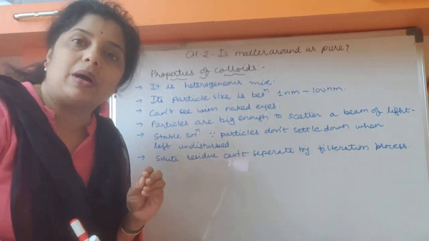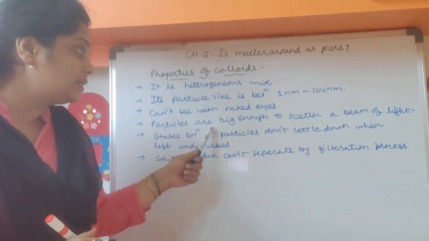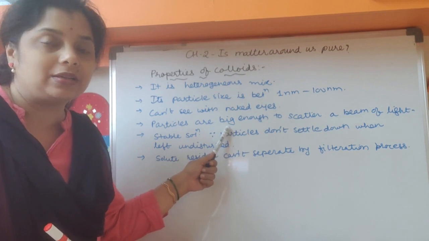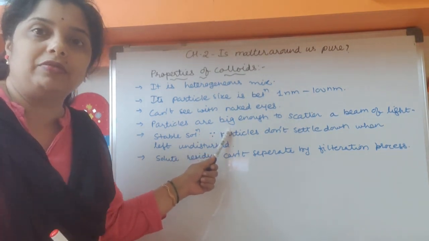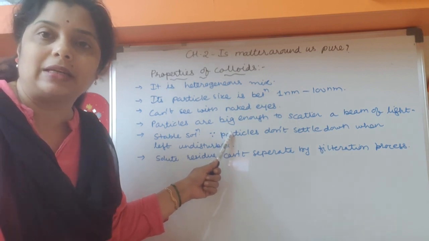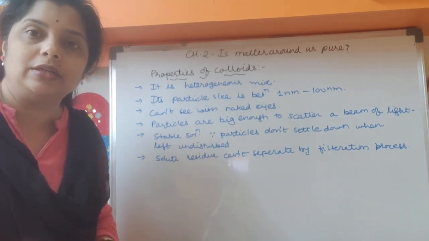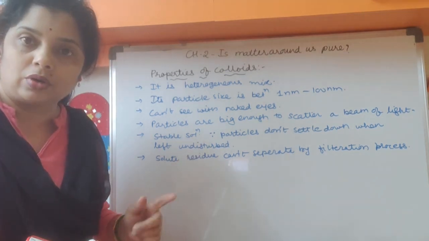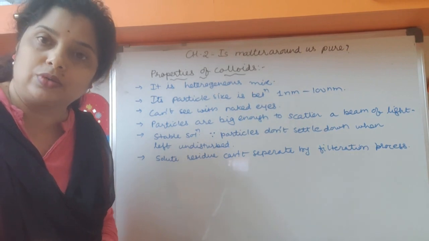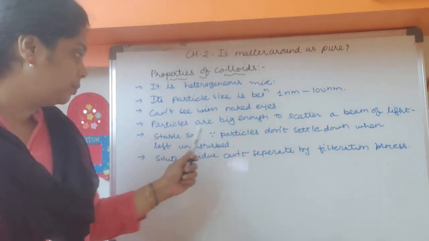But the particle size is big enough to scatter light. I will tell you about the Tyndall effect and how the particles scatter the light, and we'll share a video which shows the Tyndall effect of a colloidal solution and a true solution. So the particles are big enough to scatter a beam of light.